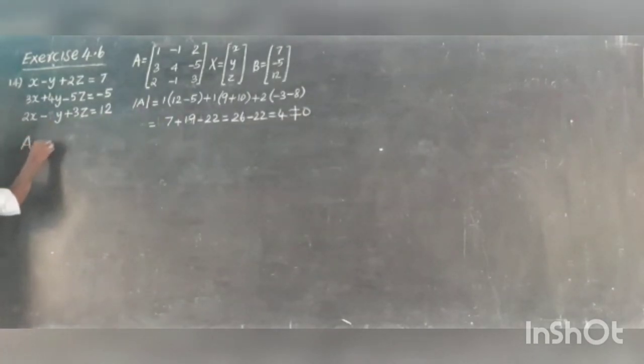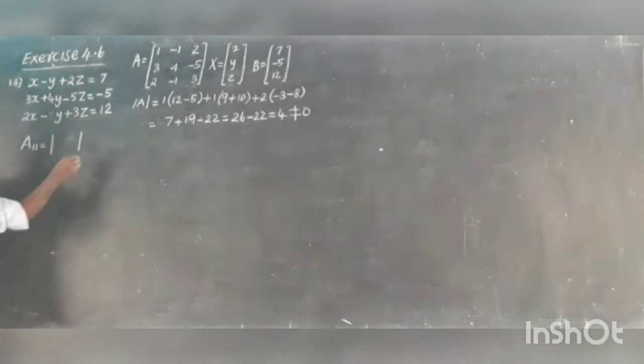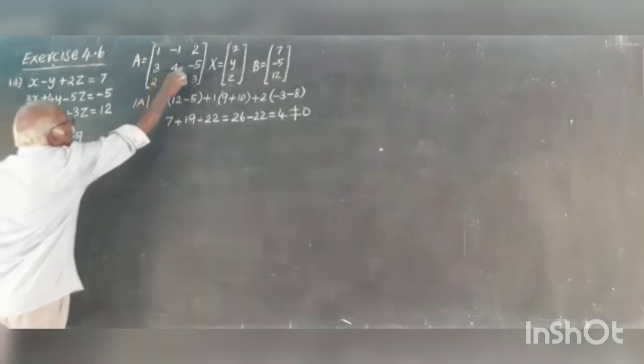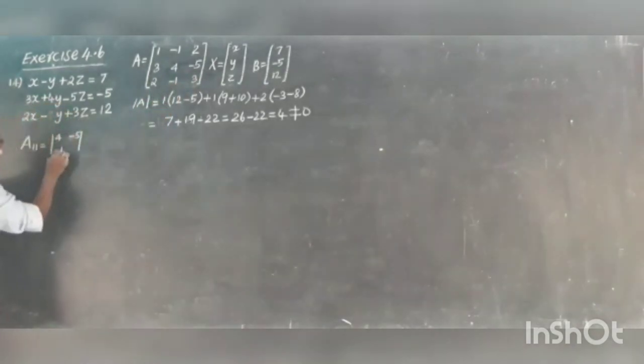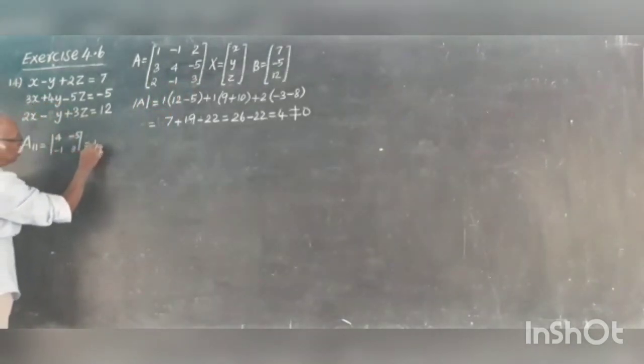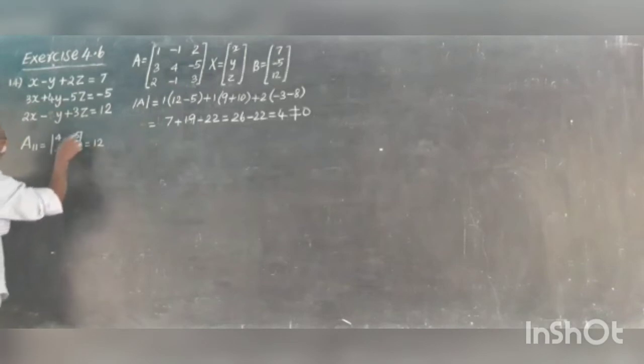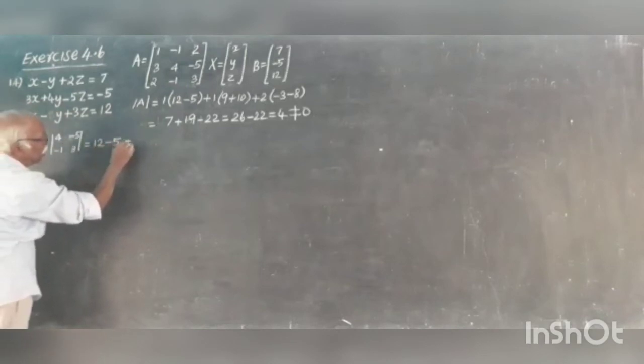A11: 4 minus 5, minus 1 3 is equal to 12 minus 5, 7.